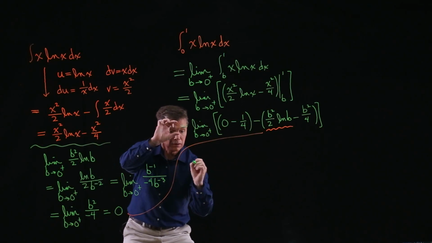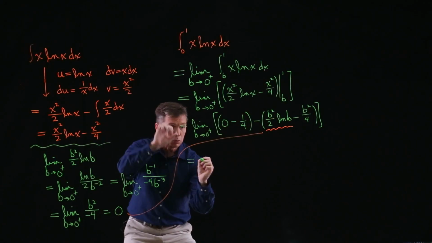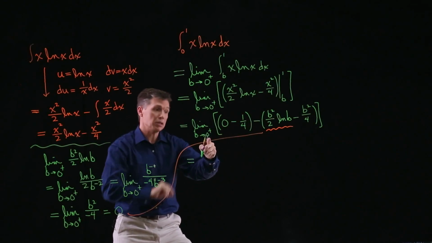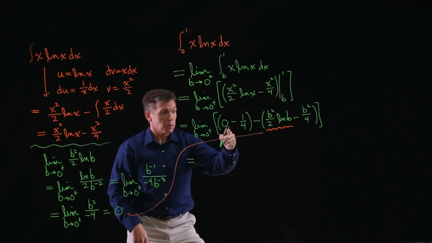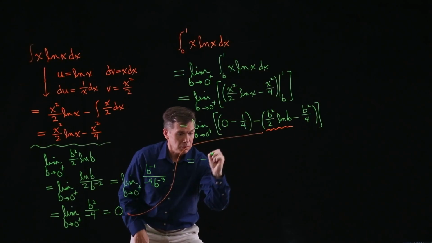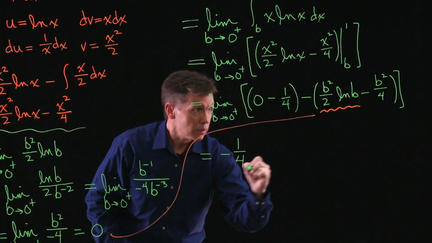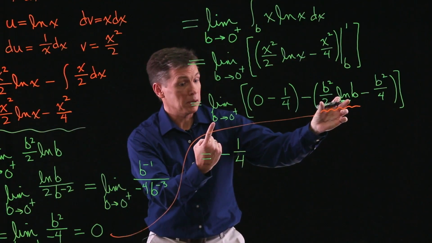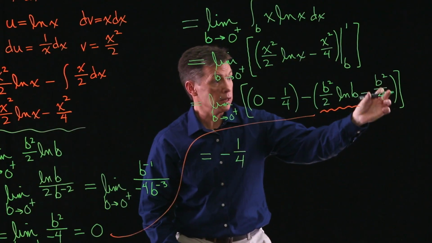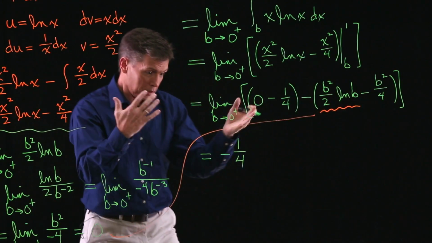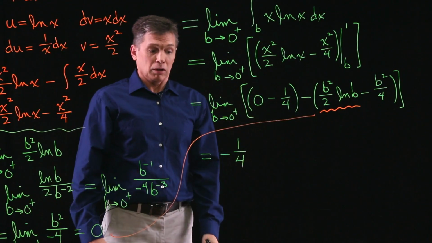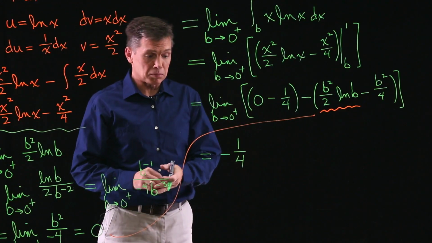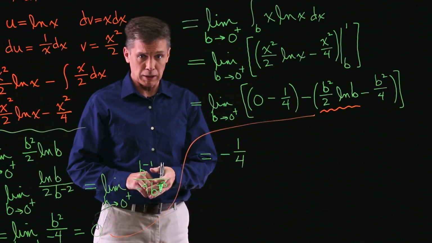Last line then, this overall expression equals, and I'm doing my limit, so I don't need to write that anymore, 0 minus 1/4, subtract, we just figured out that's 0, and now we're putting a 0 in for b right there, which is also 0, and so you've got your answer. All that work, and you get a nice answer of minus 1/4, okay?